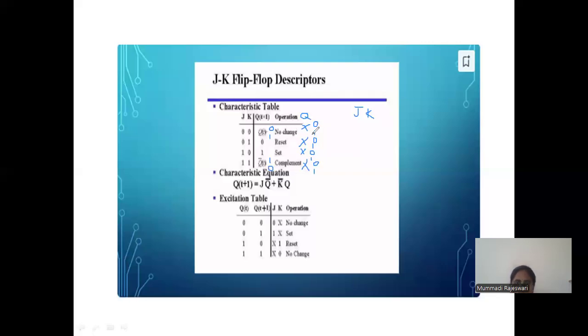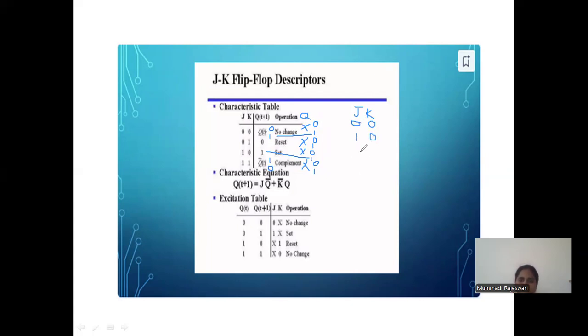And we are getting this is the one condition. And 1, 1 means this is the one condition. Means here from the first 0, 0 we are getting 1, and also from 1, 0 we are getting 1. That is 0, 0 and 1, 0. Means here what is the mandatory input when Q of n is equal to 1 and Q of n plus 1 is equal to 1?